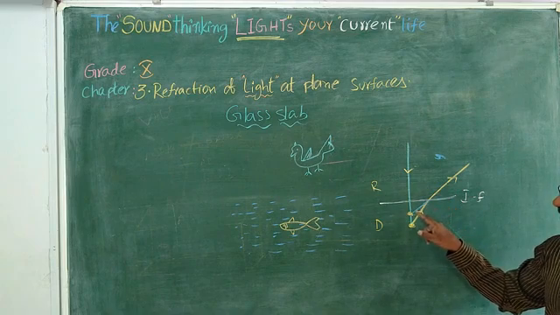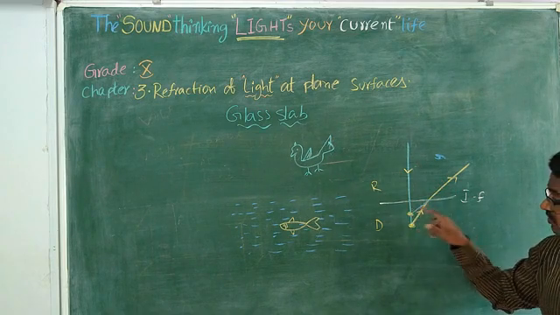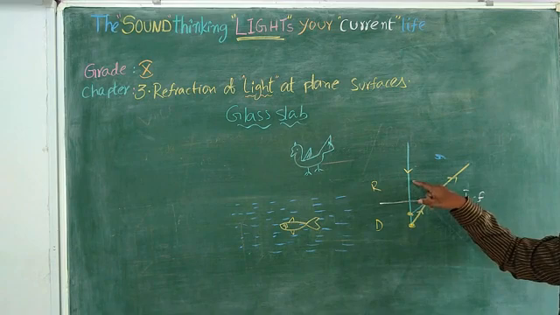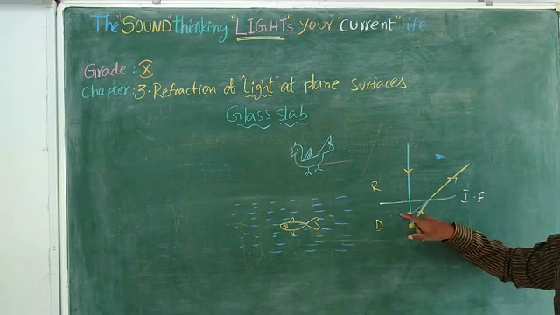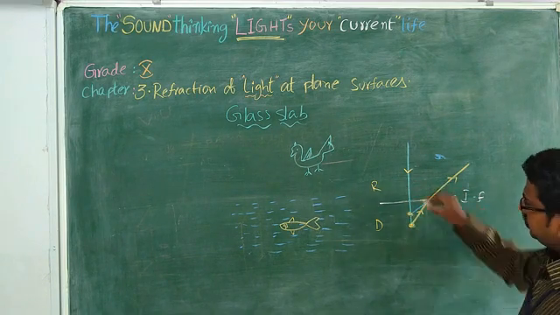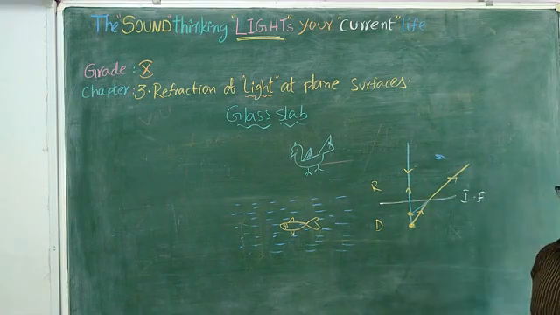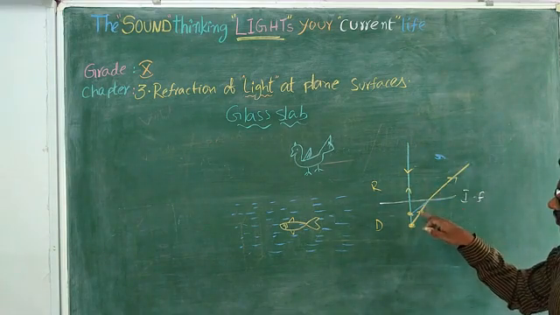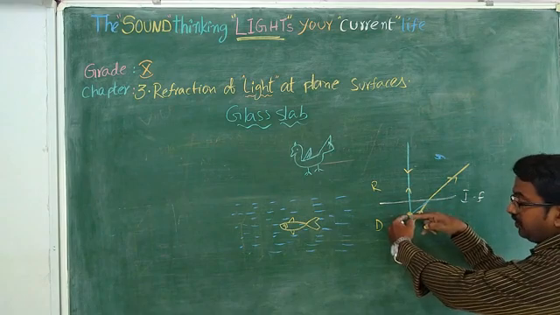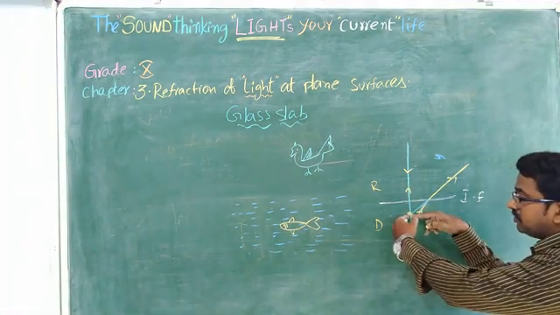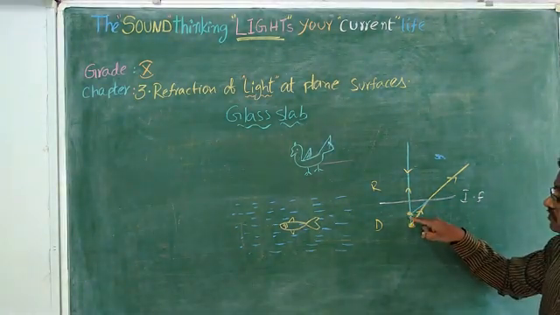Because the refracted rays are going to meet. This is also a ray, going from one medium to another medium. Of course, along the perpendicular, nothing is going to happen. If you extend this one, these two rays meet here, so the image will form there.